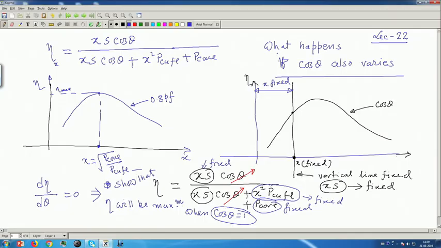For a given kVA, this is corresponding to say 0.8 power factor. What this expression will tell you is that efficiency will be maximum when cos theta equals 1. That is, at this point it must be above this curve. Therefore, I can now draw. So, please try to prove this on your own. You have to simply differentiate it and show that at a given kVA it is so.